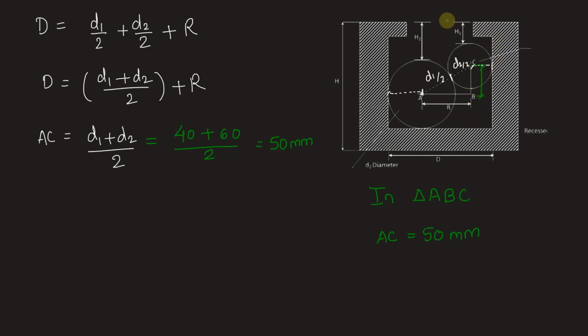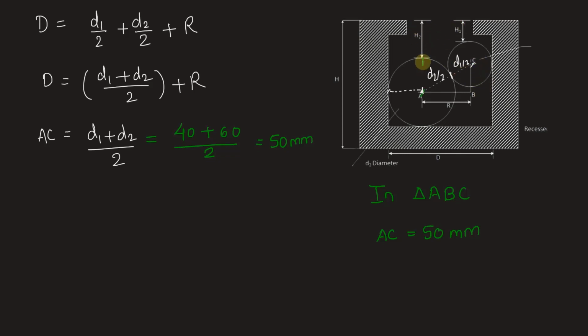Now, vertically, we are being given capital H1 and capital H2. So we need to establish a relation between H1, H2 and BC. How will we do that? H2 plus the radius of this, that is D2 by 2, will give us H1 plus D1 by 2 plus BC. Both are equal.